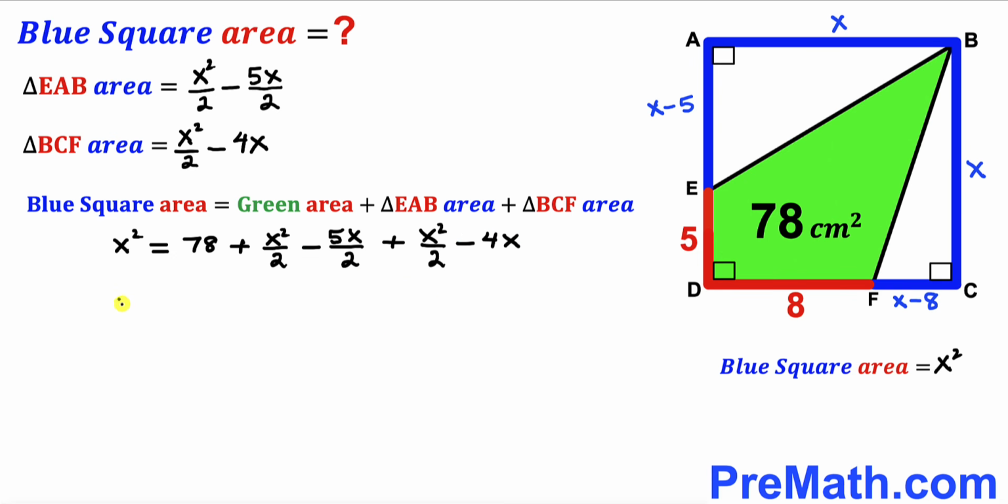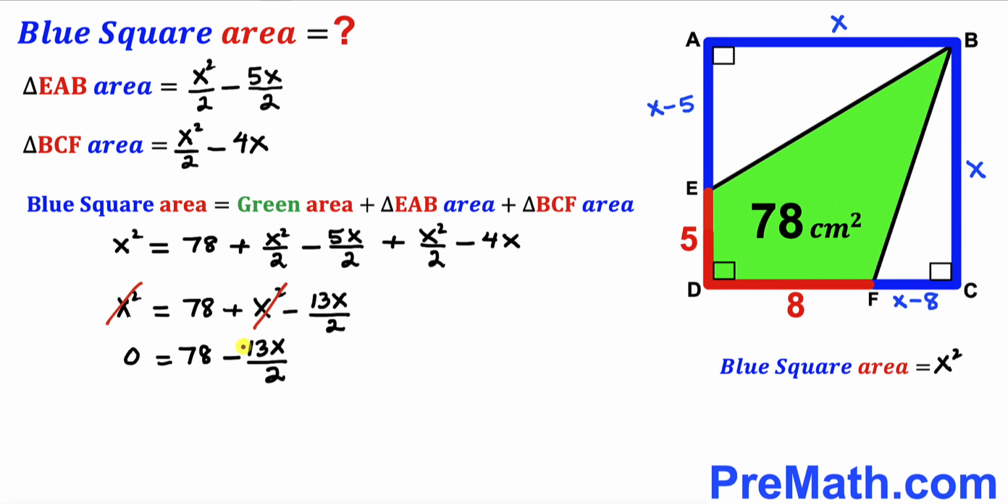So we can write x squared equals 78 plus x squared minus 13x divided by 2. Now we can see this x squared and this x squared are gone. So we end up with 0 equals 78 minus 13x divided by 2.